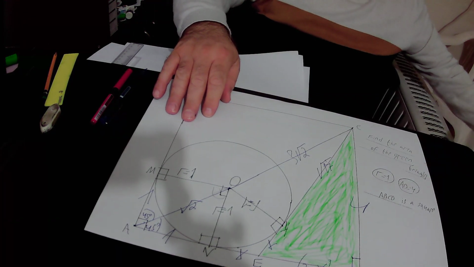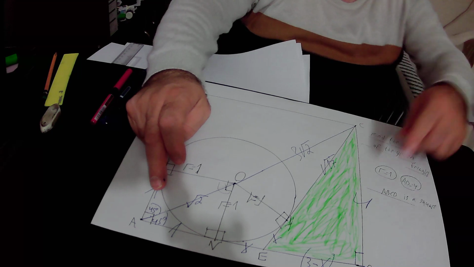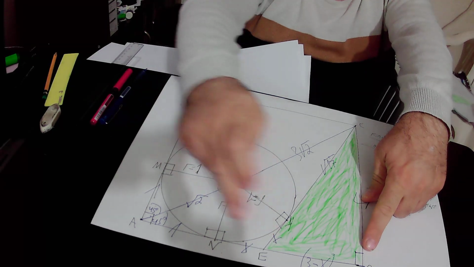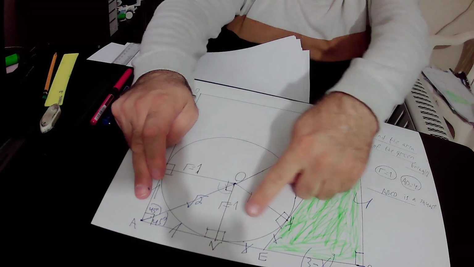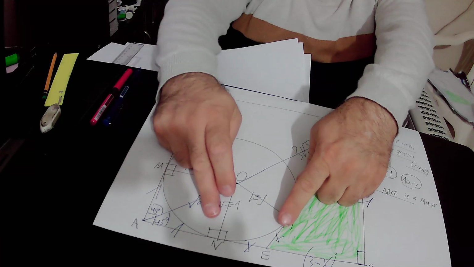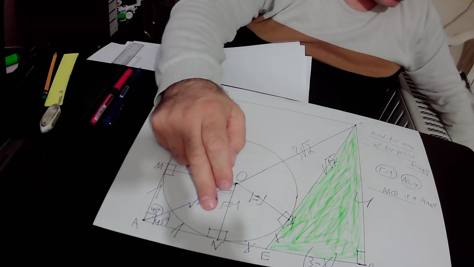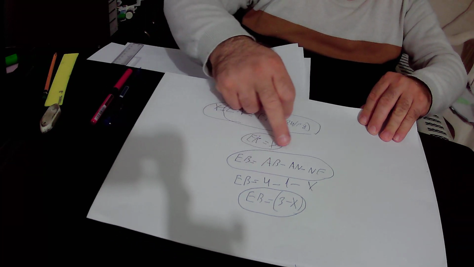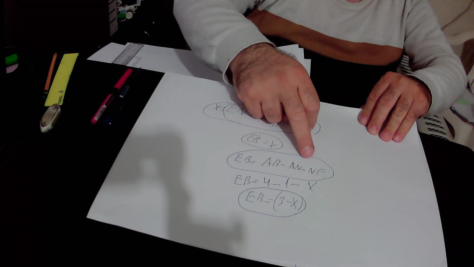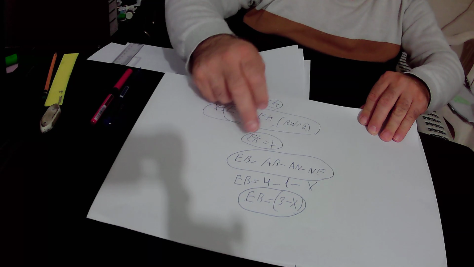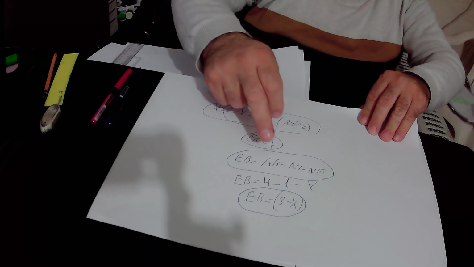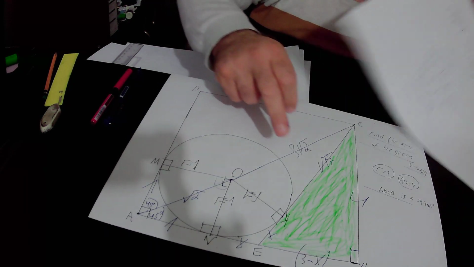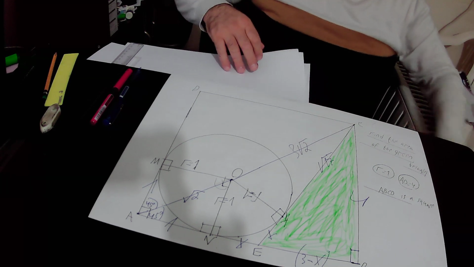We can see from the drawing that EB equals AB minus AN minus NE. That is to say, EB equals AB, that is 4, minus AN, that is 1, minus NE, that is X. So 4 minus 1 minus X is 3 minus X. So we found out that EB equals 3 minus X.